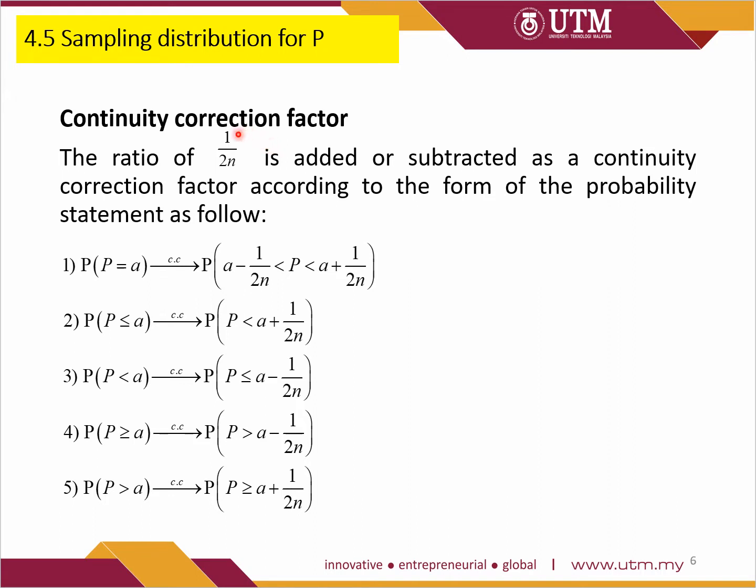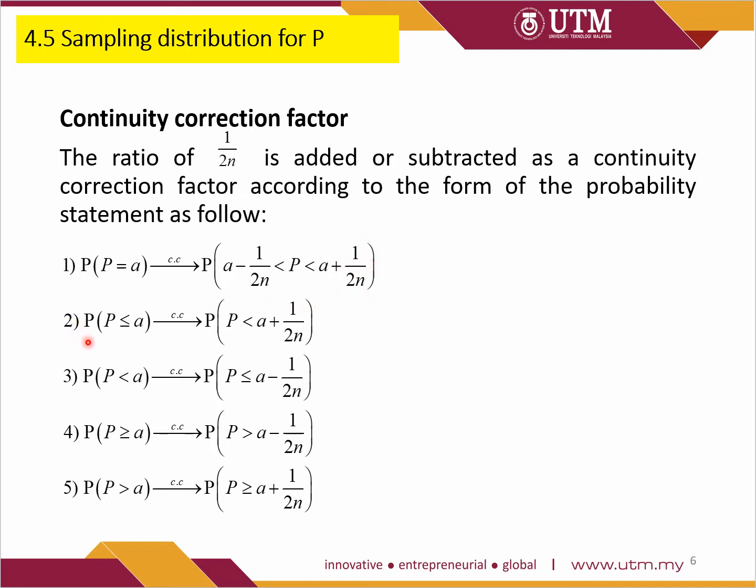The way we use the continuity correction factor is just the same as in the normal approximation of binomial. Let's say we have to find the probability of the proportion equal to A. After the continuity correction factor, it will be the probability of A minus 1 over 2n less than P less than A plus 1 over 2n.